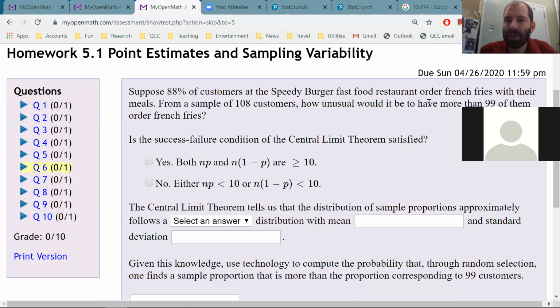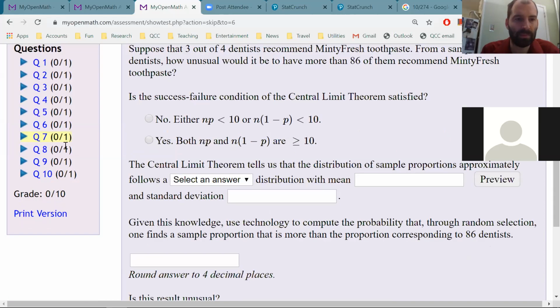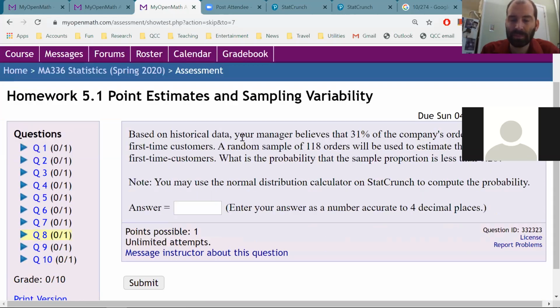How unusual would it be to have more than a certain number of people order French fries in this case? So sometimes you're looking at the probability of being greater than. In the last problem, we did less than. Here's another more than problem, and then a less than problem. So that's how you do these problems.